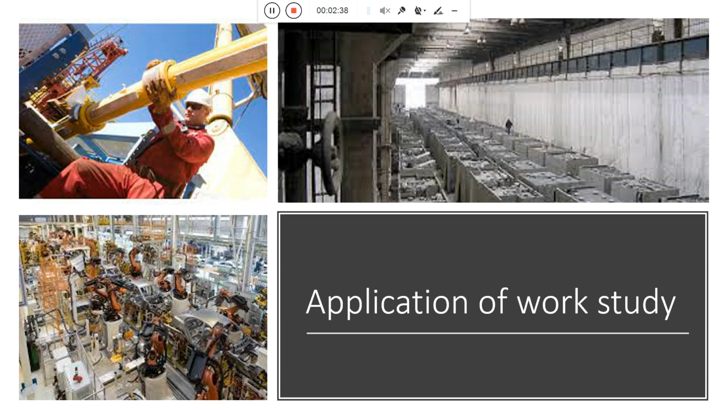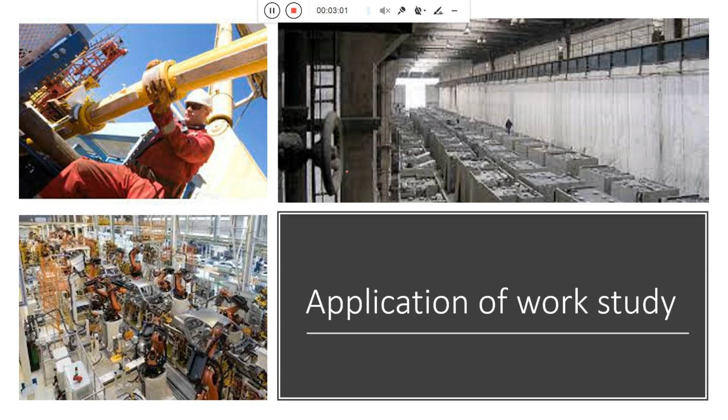You can apply work study in any type of organization, like the automobile industry mentioned here. There are also oil and gas industries, where you can apply it. In the construction industry, you can use work study for productivity improvement.